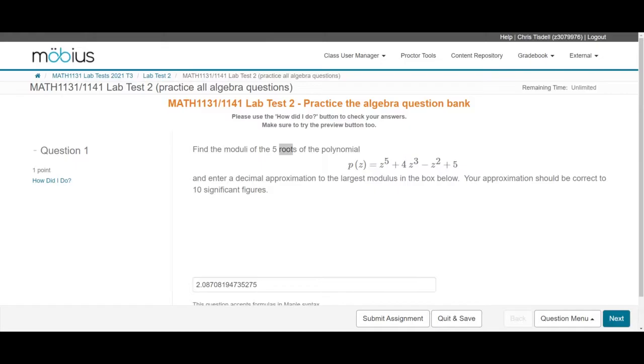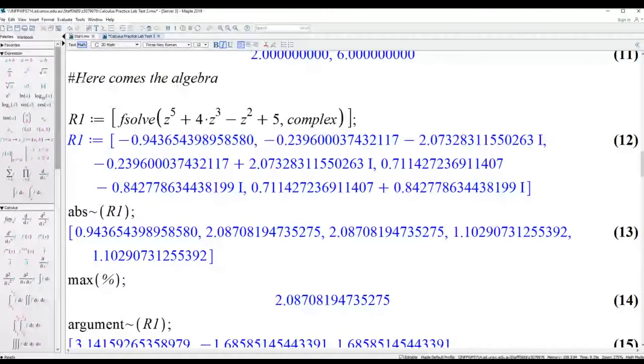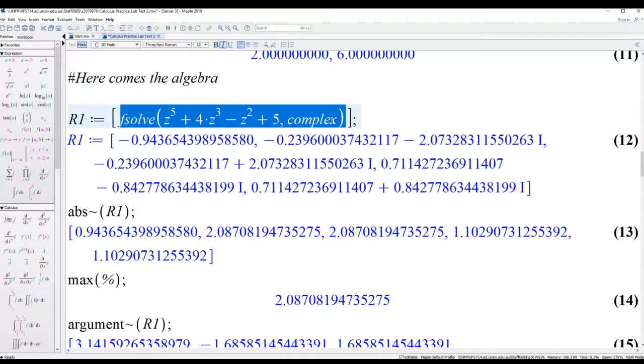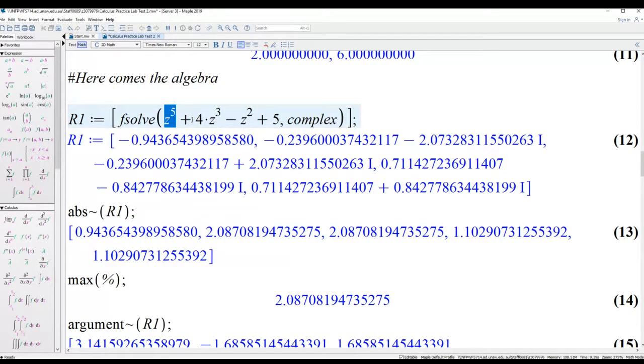Okay, so let's have a look at how we do this in Maple. All right, let me go to my Maple window. Here comes the algebra. So what am I doing here? I'm defining a list, which is the roots to this polynomial.